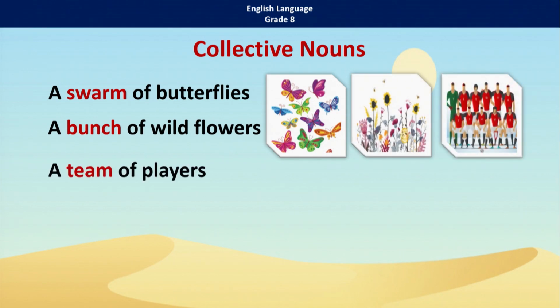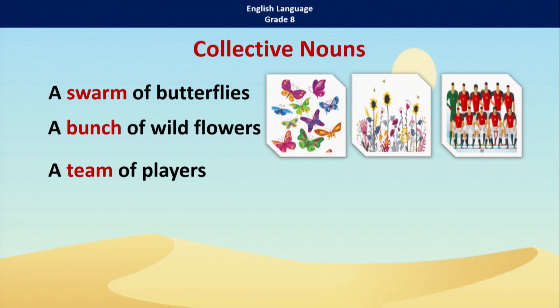You can see everything here, right? We have a swarm of butterflies, a bunch of wildflowers, and a team of players. Here, three words are highlighted. Swarm, bunch, and team are the highlighted words. We can call them collective nouns, children.